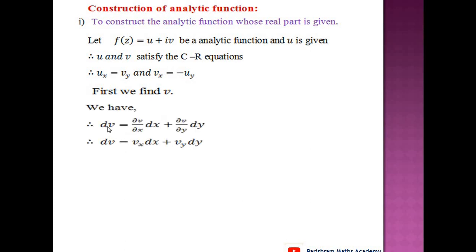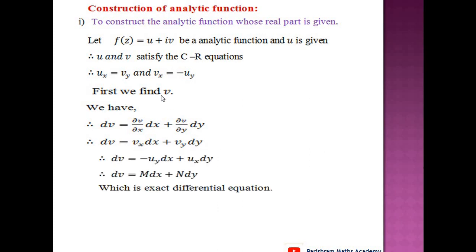We have dv, by definition of total derivative, dv = ∂v/∂x dx + ∂v/∂y dy. It means vx dx + vy dy. But by using CR equations, vx = -uy and vy = ux, and therefore dv = -uy dx + ux dy.